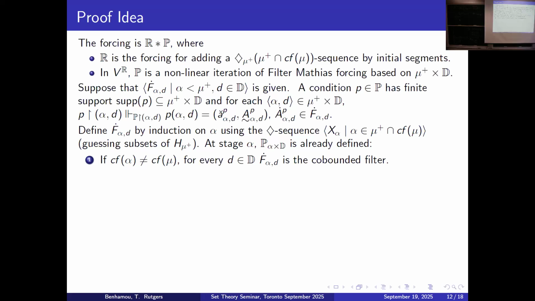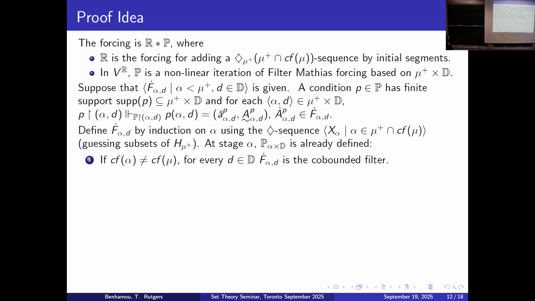And at stage alpha, since I already defined all the filters with index below alpha, the forcing up to here is already defined, not including alpha itself. This is open here. Okay, and this is the forcing I denote by P alpha D.